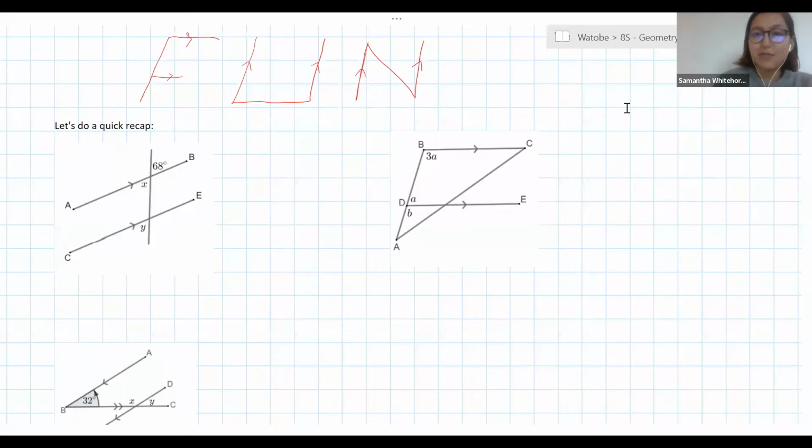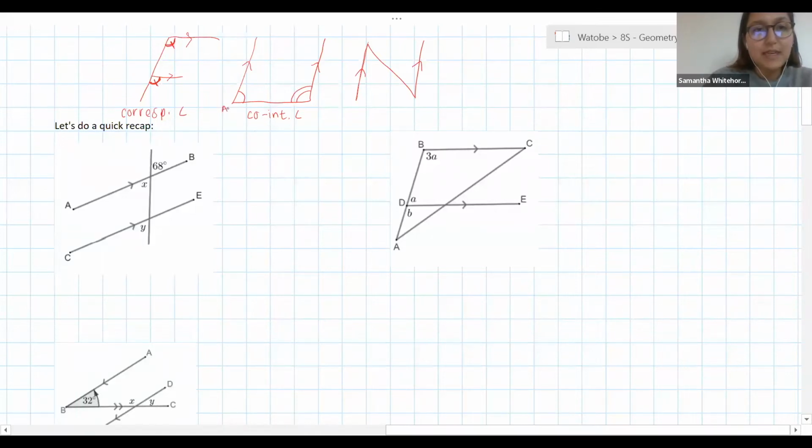The first one is if we look for an F shape, and these are corresponding angles. Basically what that means is that the angles inside, like the corners of the F, are equal to each other. Then if we move over to this U shape, these are co-interior angles. Basically, if we add these angles together, I should get 180 degrees.